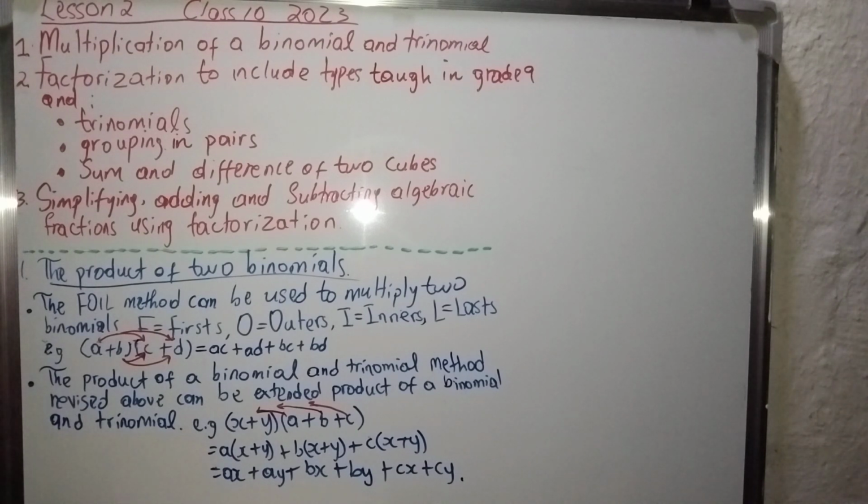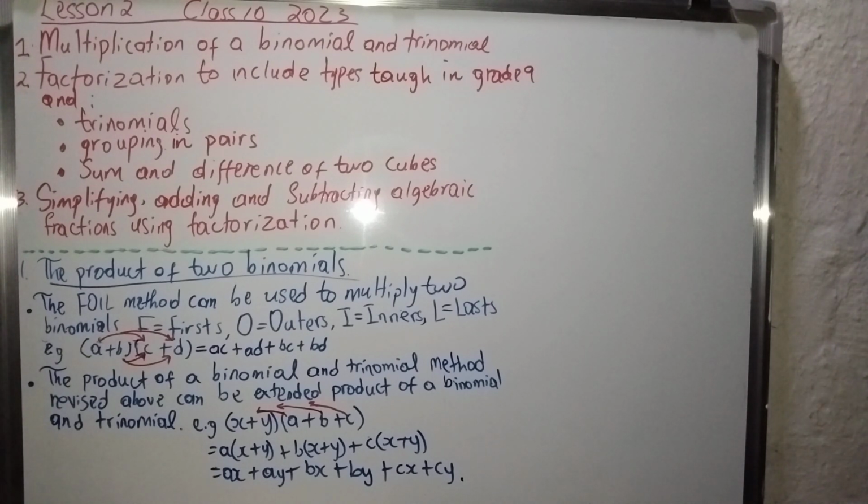So we open these brackets by multiplying by each coefficient: the first one a, the second b, the third c. That is a times x, which is ax, a times y, ay, b times x, bx, b times y, by, c times x, cx, and c times y, which is cy.